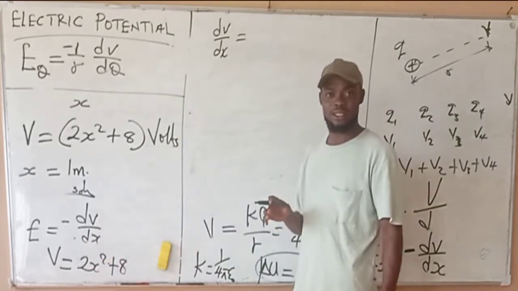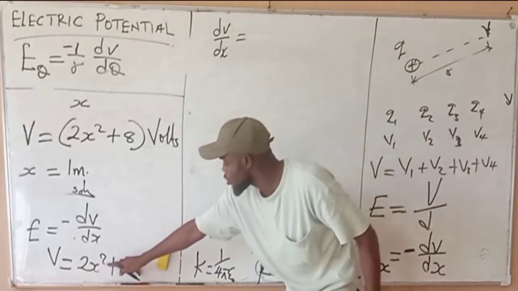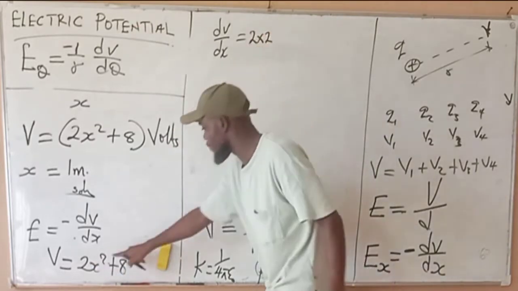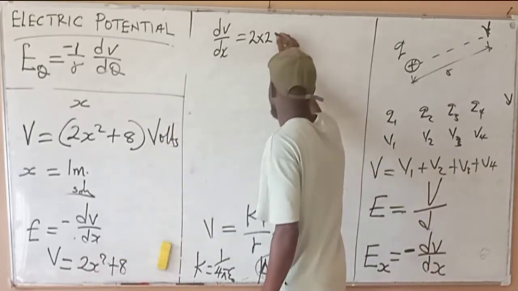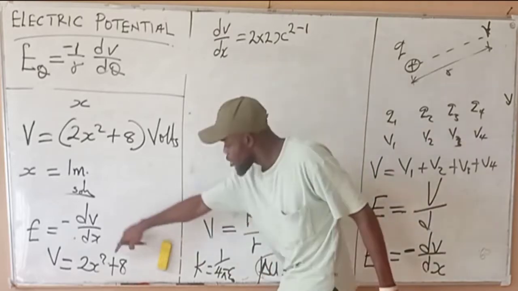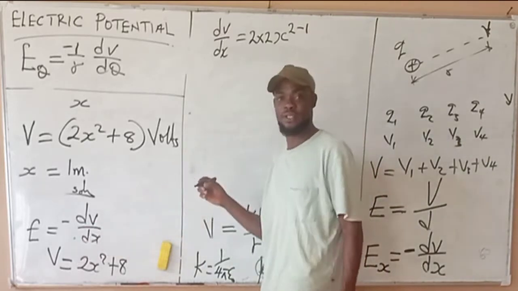That's how to differentiate a polynomial where you have a coefficient and a power. We have 2 times 2, then repeat the x and remove 1 from the power. That's how we differentiate.